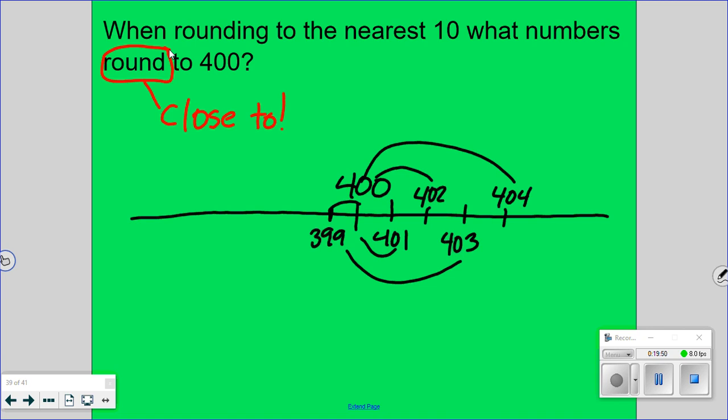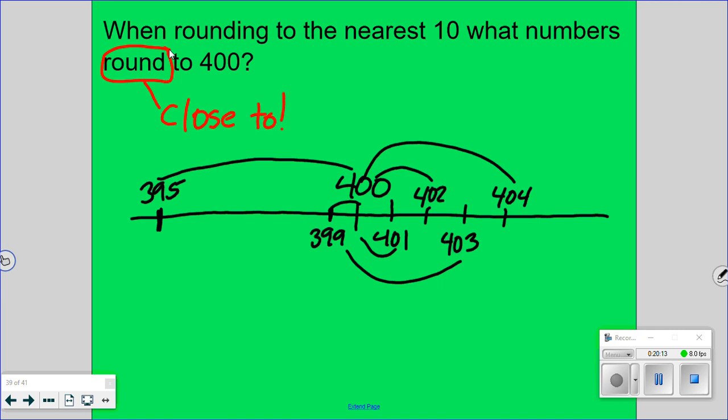Owen? 395. Remember that rule. Remember when we had that rule of if it's right in the middle, it'll round up. If 395 is right in the middle right here, it would definitely round to 400.